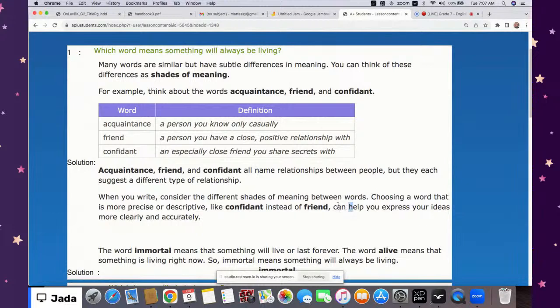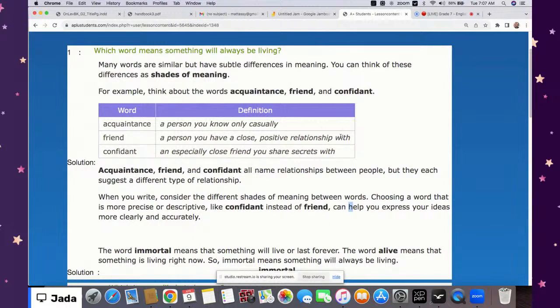So, whenever you have writing to do or anything that requires you to write up something, you have to consider shades of meaning. This is why shades of meaning is important. A lot of words have differences, but sometimes the differences are subtle, and you have to choose the best word that expresses your idea more clearly and accurately.